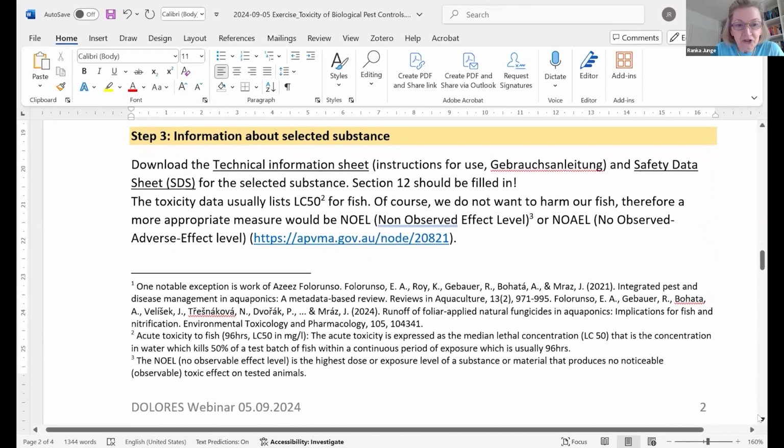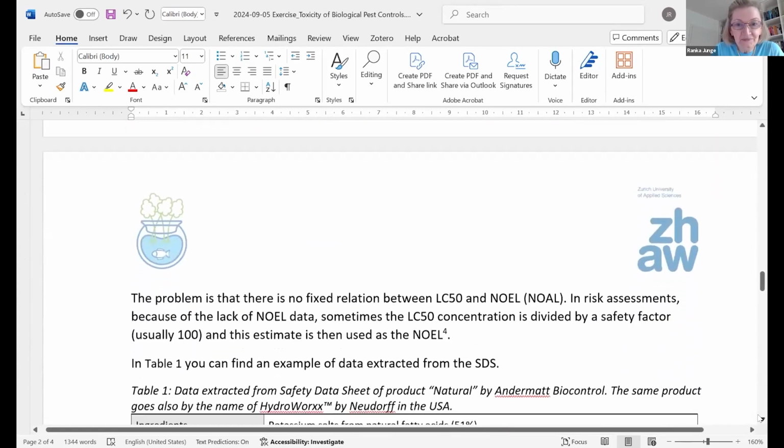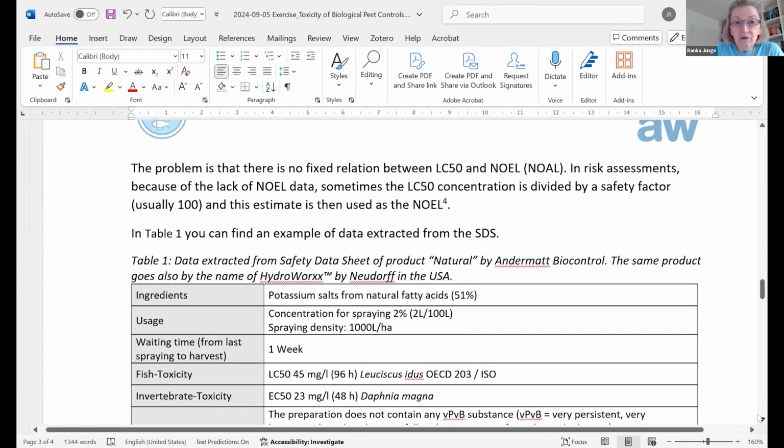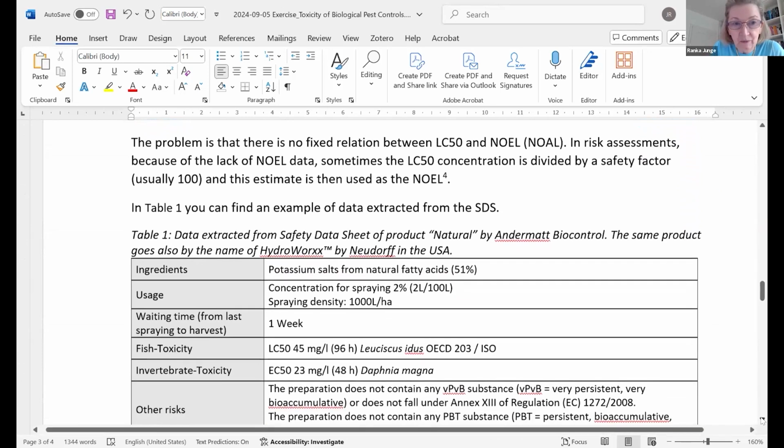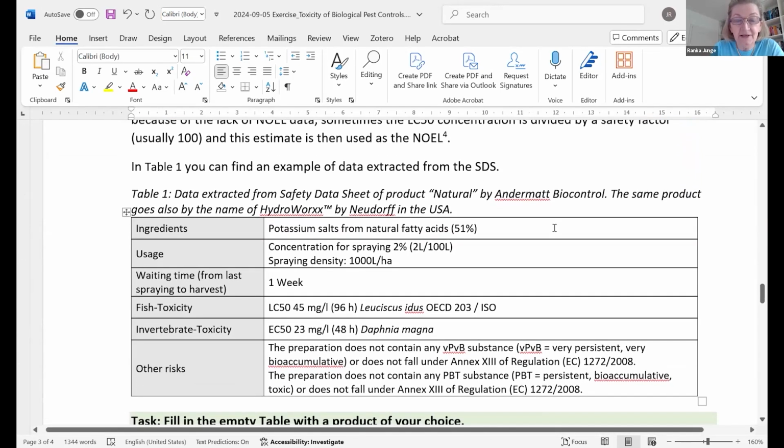Okay, there is some literature again, sorry. So you need to use this. Usually you will have LC50 or EC50, and you will usually use a safety factor, as with NOEL. You can have a look here, one example, data extracted from a safety data sheet of the product Natural by Andermatt Biocontrol.